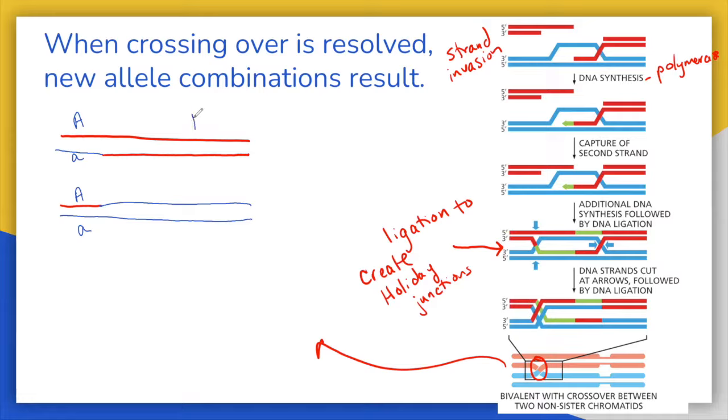The allele combinations that used to be dominant A and recessive B, and recessive A and dominant B, now also include a recessive only A and B option and a dominant A and B only option. So as a result of crossing over, we've created two new allele combinations that can go into gametes and create variation in the next generation.